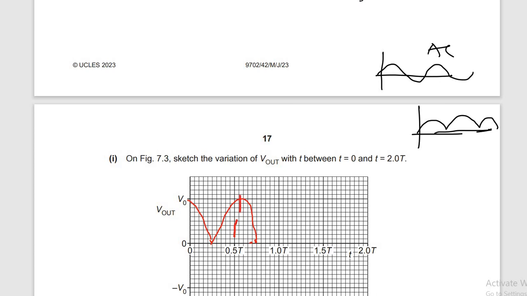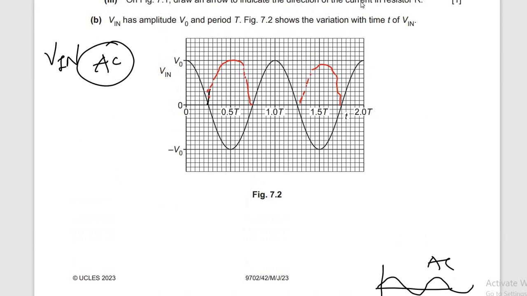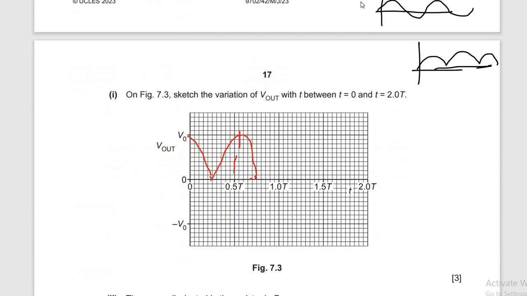You must sketch it at the peak. The other one is also 10, but the peak is at 1.0 t. This is the peak. 5, 6, 7, 8, 9, 10. Stop here, start here. This is the peak. The peak of this one is here, the 10 line.